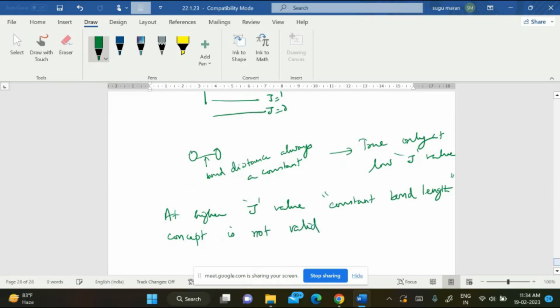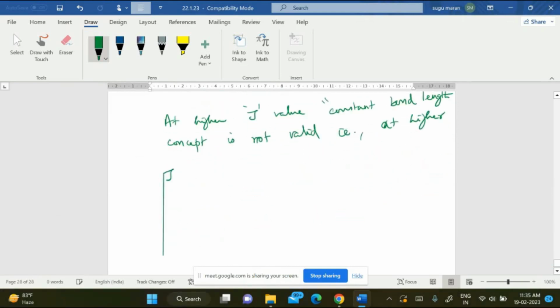At higher J values, your bond distance changes, the bond length changes.